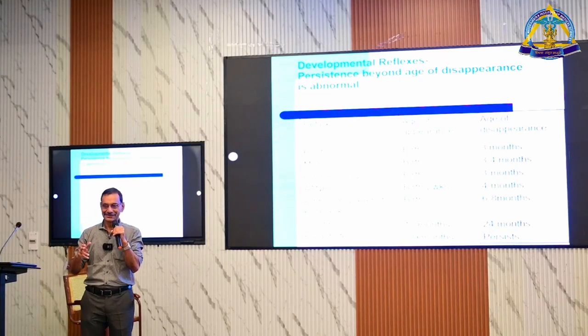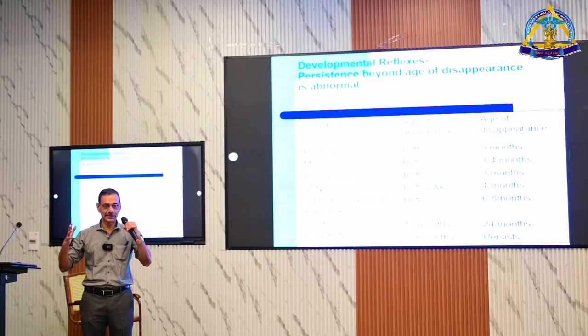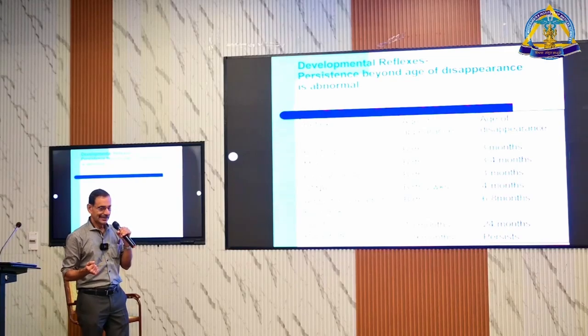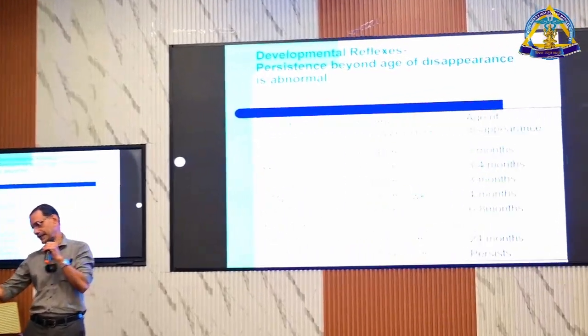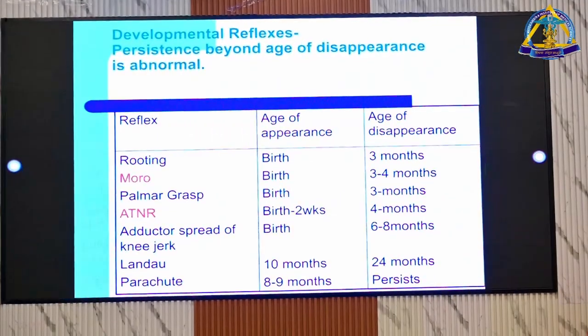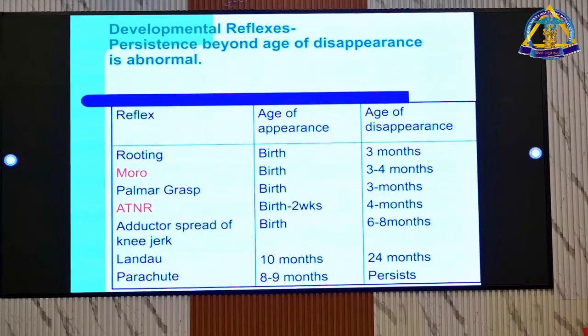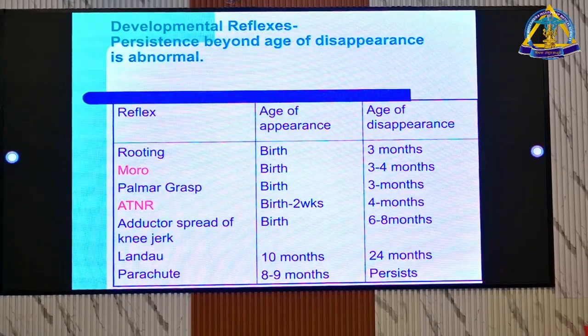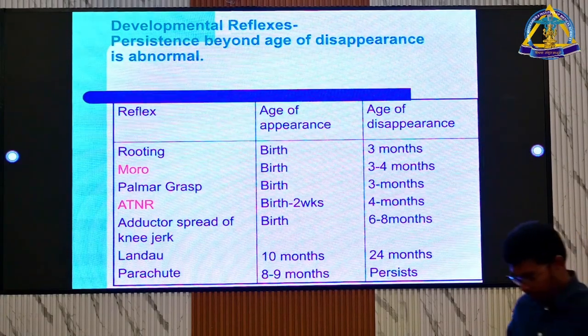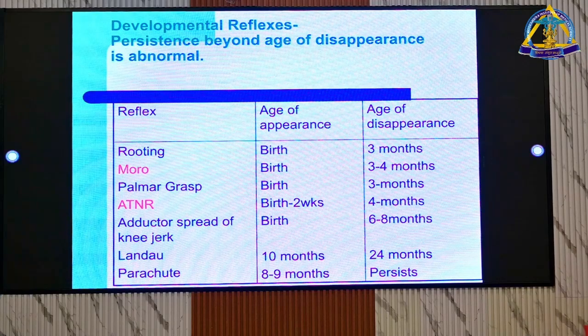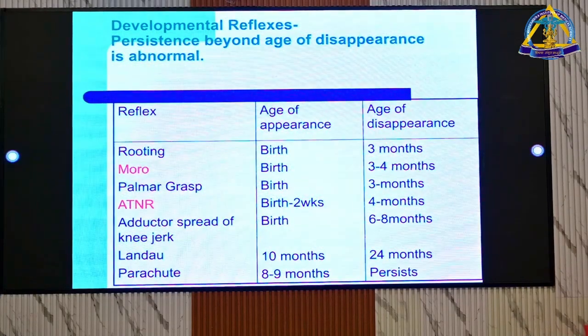Moro you can ask. At 6 months, the child should not get a startle. And ATNR, because when the child is turning this side, the upper limb goes into extension. So that is a protective reflex. Suppose a 1 month or 2 month old child is turning, he should not fall from bed.